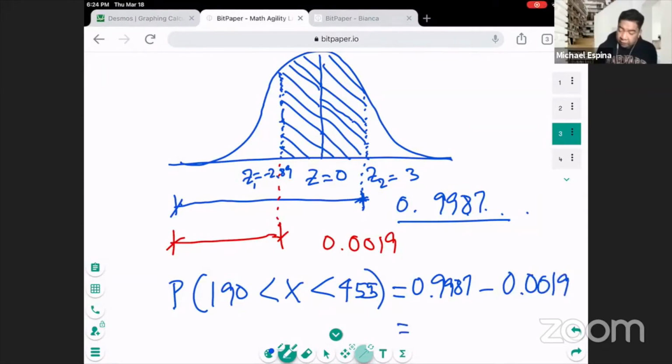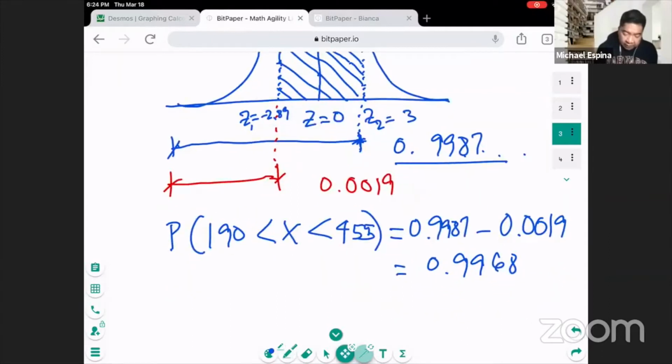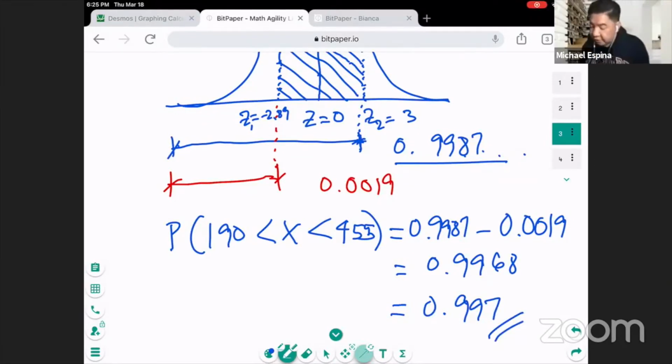If you get the difference of these two, we have 0.9968, or in 3 decimal places, because that's the requirement, 0.997. So that's our answer for this question.